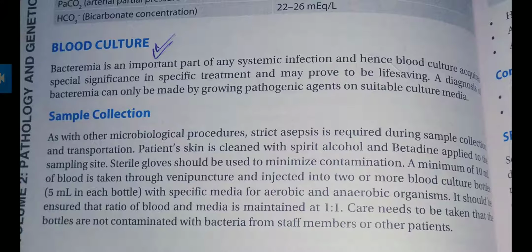A minimum of 10 ml of blood is taken through venipuncture, meaning a needle is inserted into the vein. It is injected into 2 or more blood culture bottles, 5 ml in each bottle, with specific media for aerobic and anaerobic organisms. The ratio of blood to media should be maintained at 1:1. Care needs to be taken that the bottles are not contaminated with bacteria from staff members and other patients.